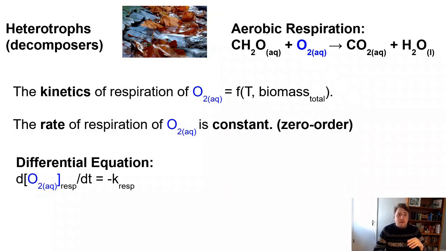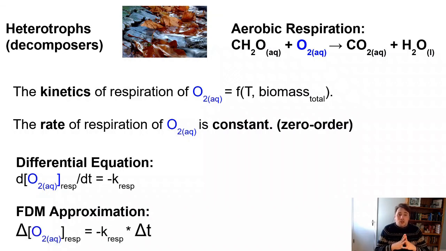And again, to put this in finite difference form, taking this infinitesimal differential equation and changing it into finite time steps, we can just say that the total change in oxygen over a given time interval due to respiration is equal to negative the respiration constant multiplied by the finite change in time. So this is the second equation that we're going to use in our spreadsheet to develop a model of dissolved oxygen in a stream.